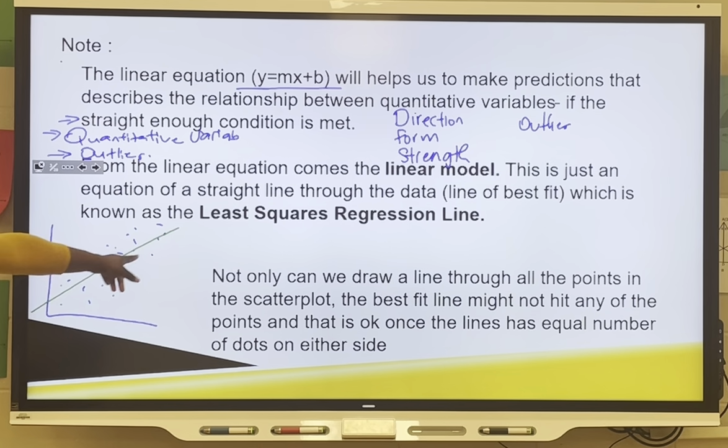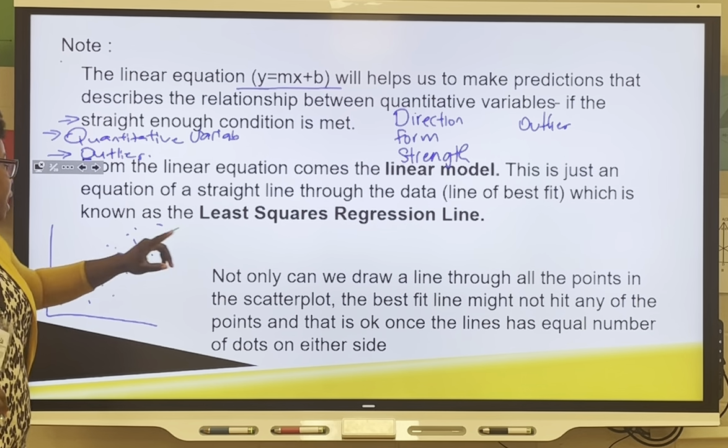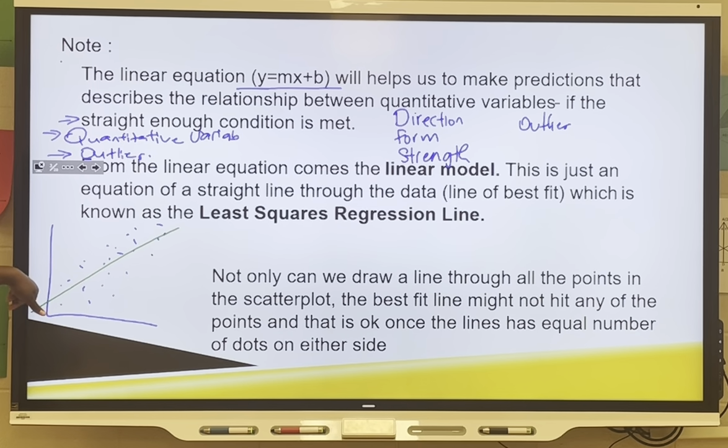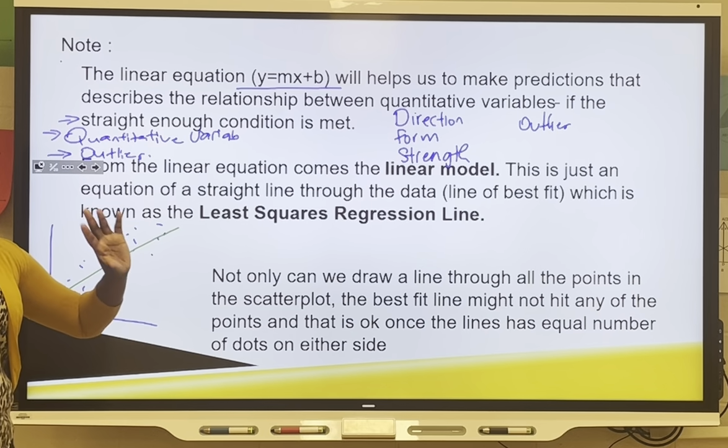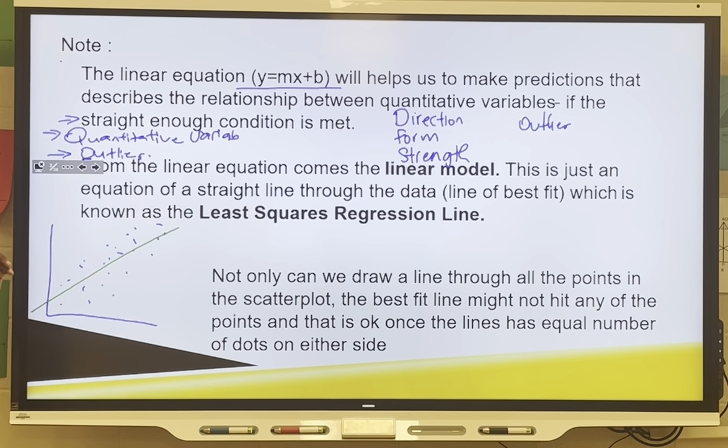So this green line you see here would be considered to be my line of best fit. And this line should go through half the data where you have an equal amount of data values on either side of the line.